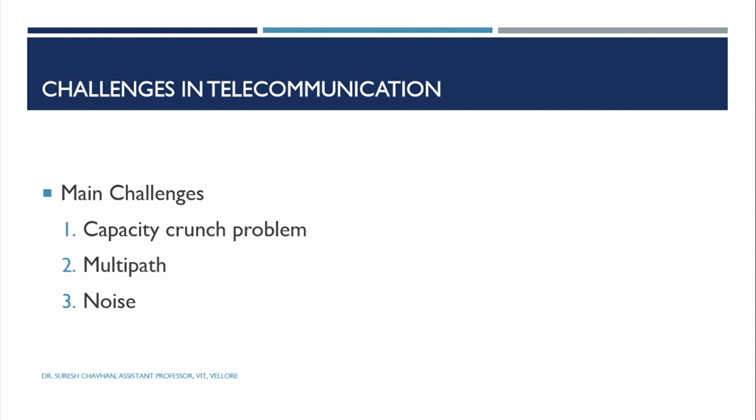Their intersection area has the very least QoS support. The main problems there are very low throughput, very high delay, and interference as well. So these are the main challenges that need to be addressed in telecommunications.